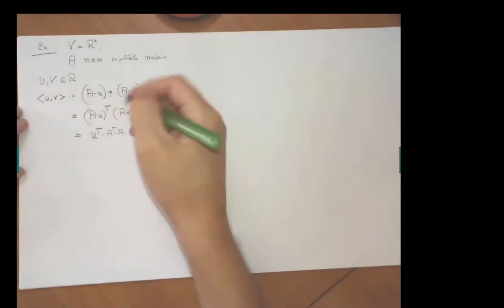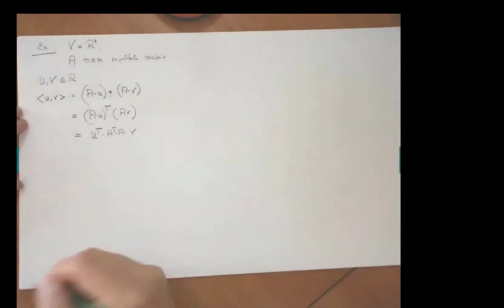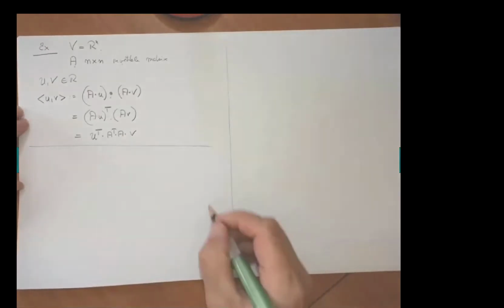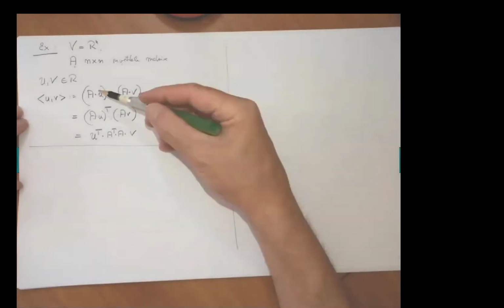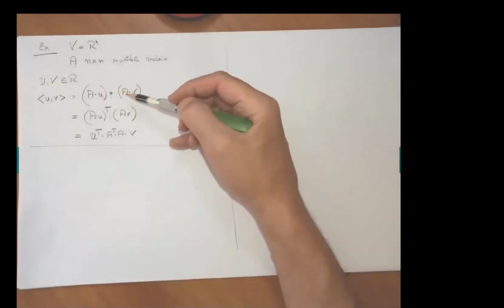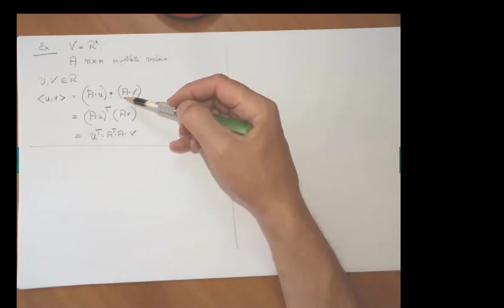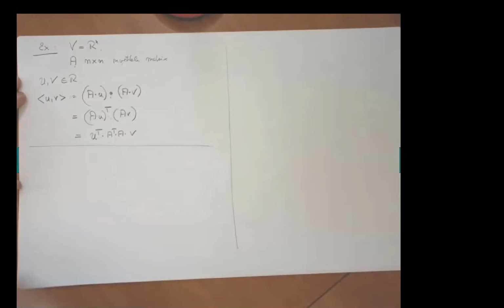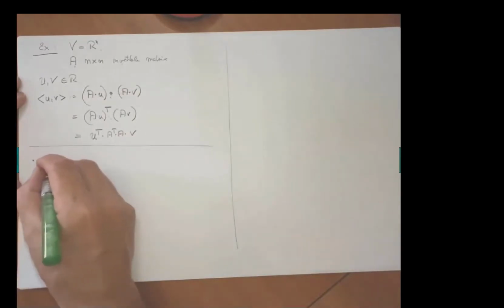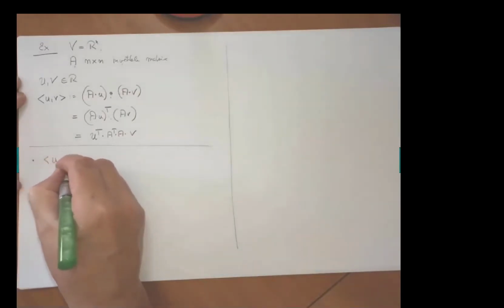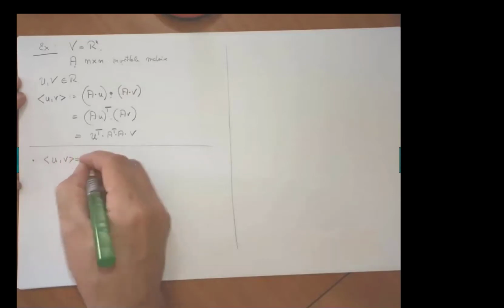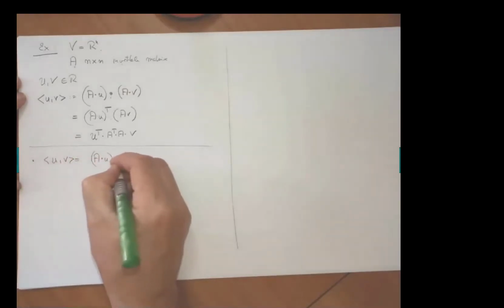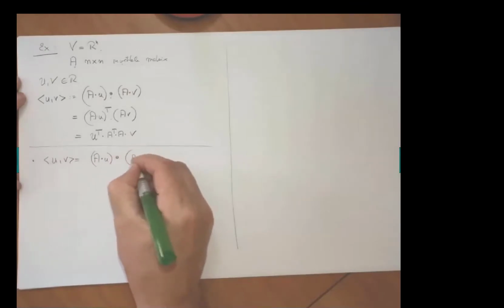Okay, and for this now we can actually show the properties, and then later on, maybe tomorrow, I'm not sure how far I can go, I can also show this actually includes the dot product, the weighted inner product we just saw. So property number one is very fast. u comma v is the same as Au dot product Av.